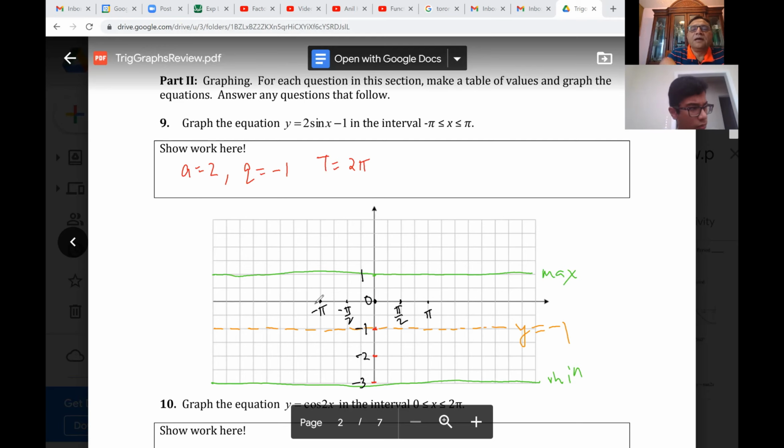And we'll connect the points. From here, sine starts at the origin, goes up and then down. In this case, it will go down and then up. So that becomes the sine function within the given interval of minus pi to plus pi. Is that clear to you? Yeah.